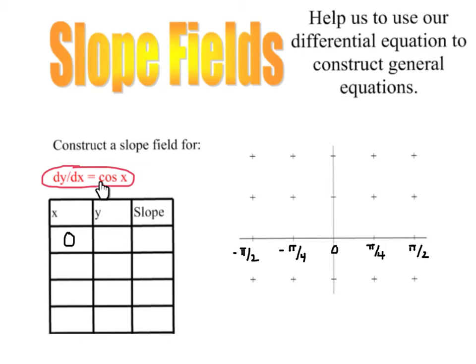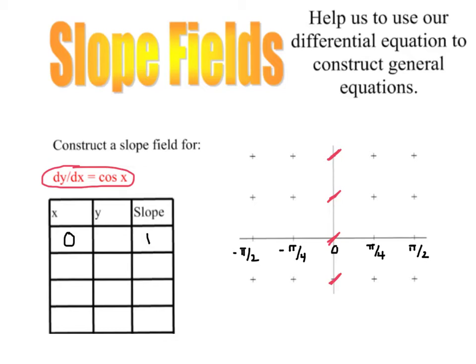That means the derivative is 1. That means the slope is 1. Okay, so I'm going to go to where x is 0, and I am going to draw a little line that signifies a slope of 1. So every time x is 0, I'm going to draw a little line that looks like a slope of 1.